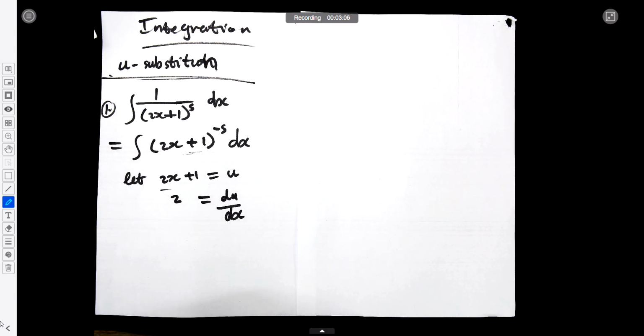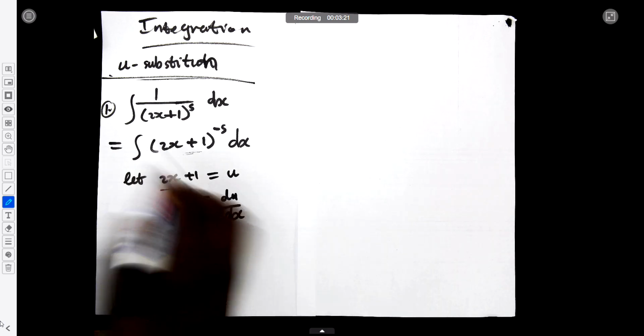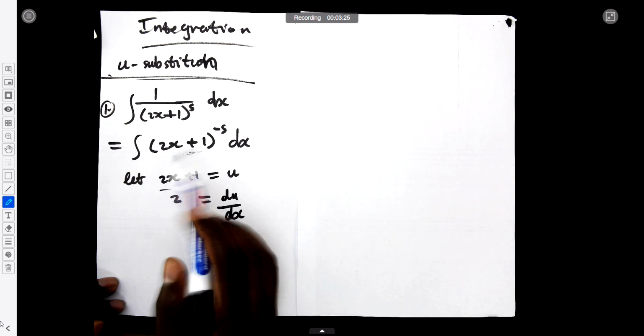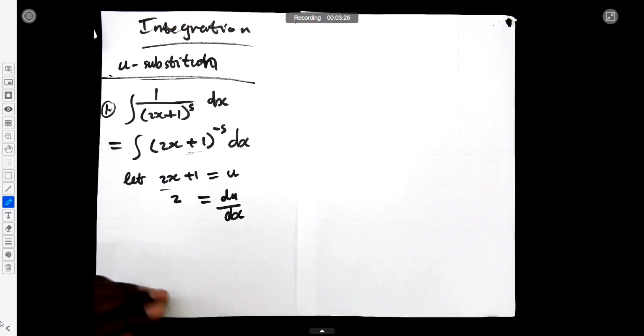As I was saying, we let the function inside the bracket be equal to u. We don't just let any function be equal to u. You have to inspect what function we might have differentiated to get the derivative we have here. By inspection, I saw that this was the power bracket rule, or chains of functions.